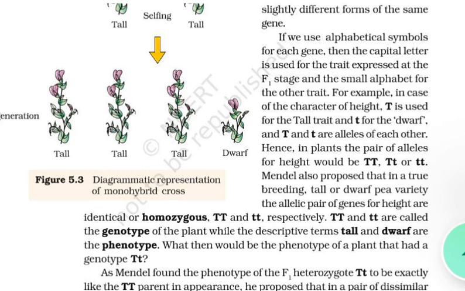Mendel also proposed that in a true breeding tall or dwarf pea variety, the allelic pair of genes for height are identical or homozygous. That is capital TT and small tt respectively.